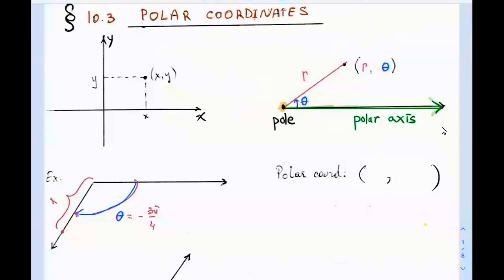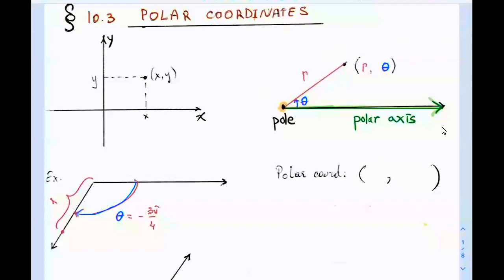Now, to find the location of a point on the plane, you have two coordinates. The first coordinate, r, think about it as the distance from the point to the pole.